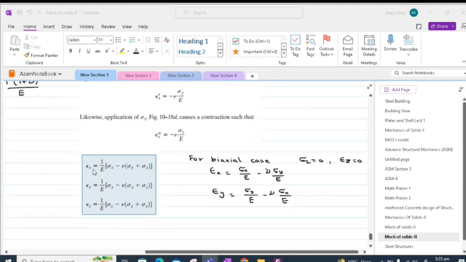Thus, epsilon x will be equal to 1 by E [sigma x minus nu (sigma y plus sigma z)].